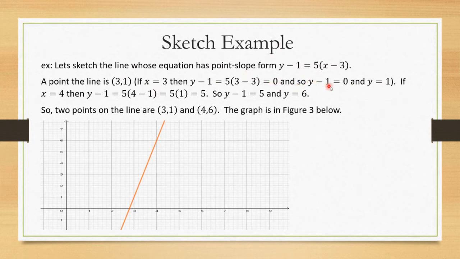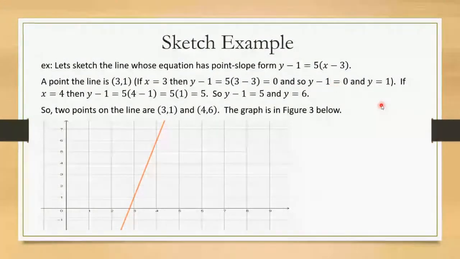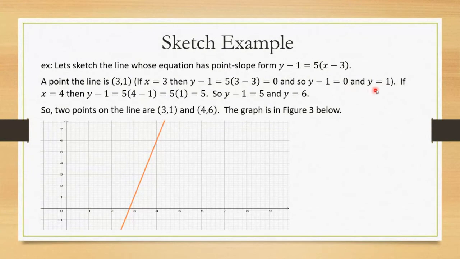So we get y minus 1 equals 0, but hopefully by now you can see that by adding 1 to both sides, y has to equal 1. So in other words, if x is 3, y equals 1 by direct calculation, and that shows 3, 1 is a solution of this equation. So it's on the line.